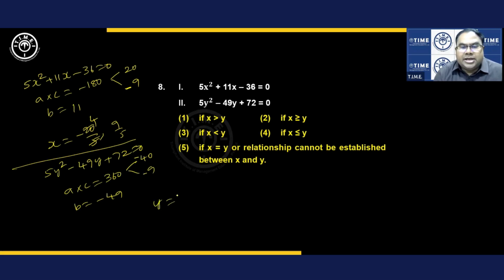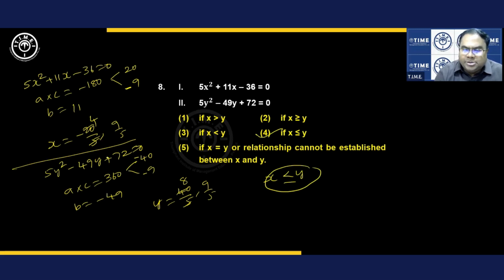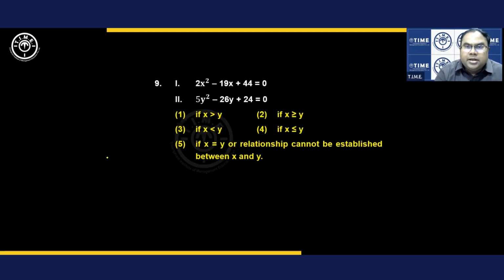While writing the roots, the signs will change and divide by coefficient. 40 by 5, 9 by 5. So 5 goes 8 times. Now what is happening here? Minus 4 is less than 8, less than 9 by 5. 9 by 5 and 9 by 5 are equal. So x is either less than y or equal to y. X less than or equal to y is present in the fourth option, right?